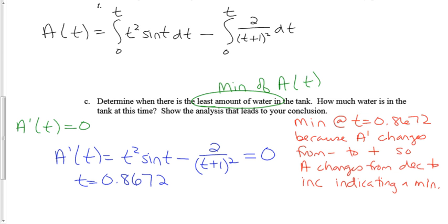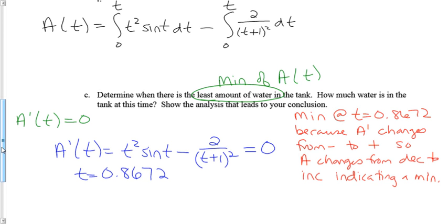So next I need to know how much water is in the tank at this time. Well, I have an expression for the amount of water in the tank, and that's written in black at the top of the screen. That's my A. So all I need to do is plug in this t value up there. I'm going to use my calculator to do this definite integral, and it's going to be A of 0.8672.